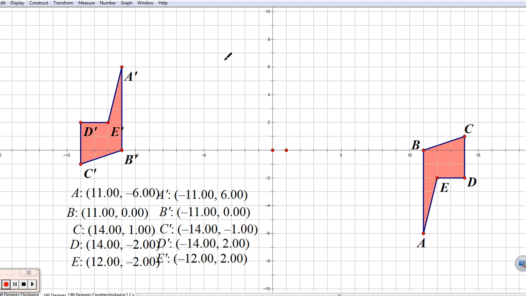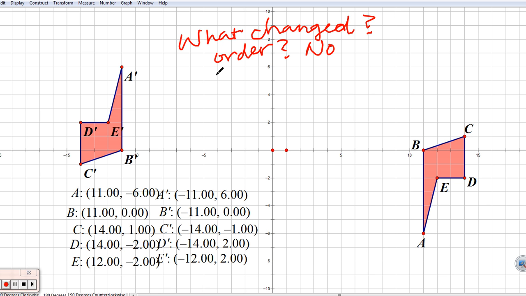So let's write this in arrow notation. First of all, what changed? Did the order change this time? No. Which signs changed? Both. Both X and Y changed sign.